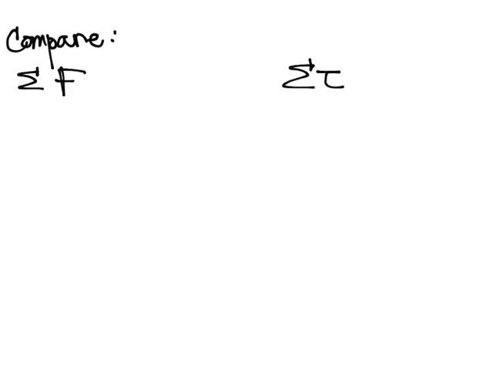This sounds a lot like the fact that the total force is proportional to a, my acceleration. Likewise, the net torque is proportional to angular acceleration. So the more torque you have, the more angular acceleration.